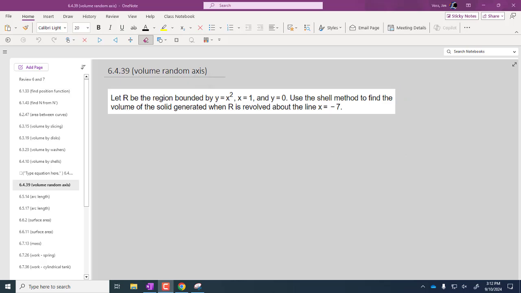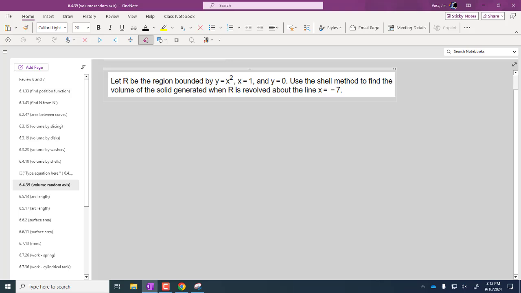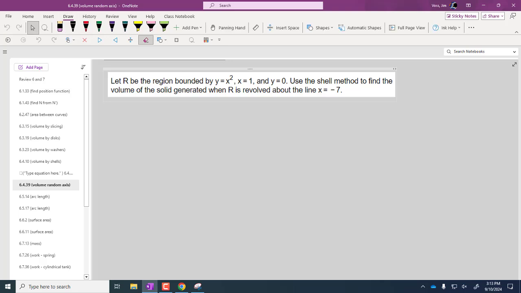All right, let's do one more volume problem. Math is getting confusing. So one more volume problem. If we take y equals x squared, x equals 1, y equals 0, we're going to create a solid object when that's rotated around the line x equals -7. So let's go ahead and do that. First, we're going to draw x squared and x equals 1.